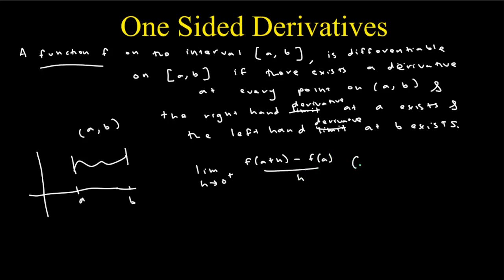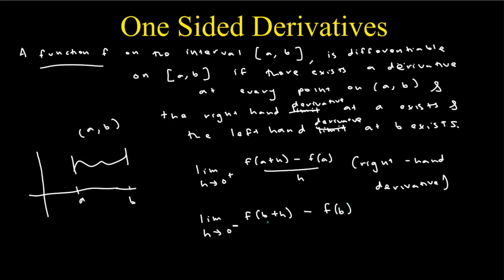This is the right-hand derivative. And then the left-hand derivative is the limit as h tends to 0 from the negative end of f of b plus h minus f of b over h, and this is the left-hand derivative.